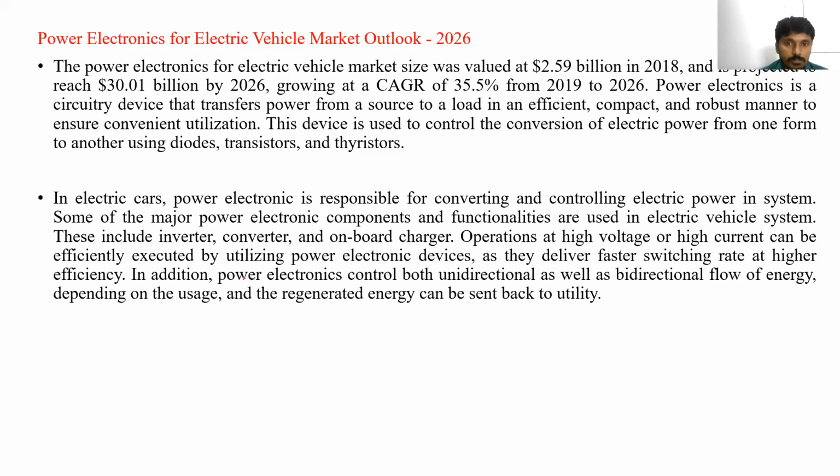And when the machine is operating as a generator, the power is fed back to the source, meaning current should flow in the reverse direction. In simple terms, the power electronic converter should have bidirectional power flow capability. Clear?